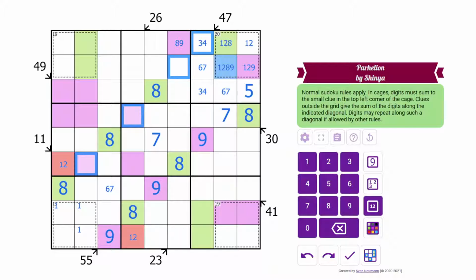That's a 28 minus 47. So that these add to give you 19. Yeah, so that doesn't help too much. So it is 19 or 20.